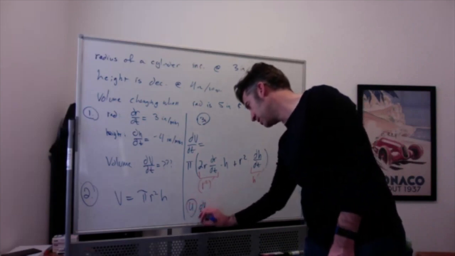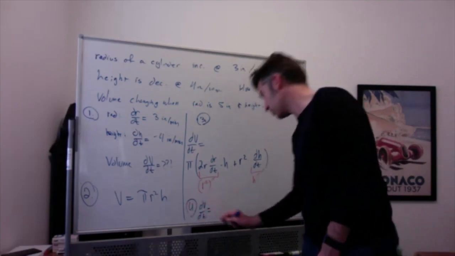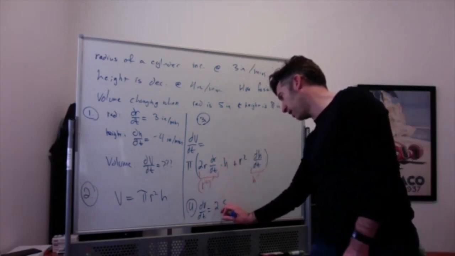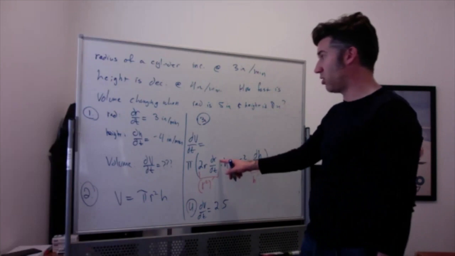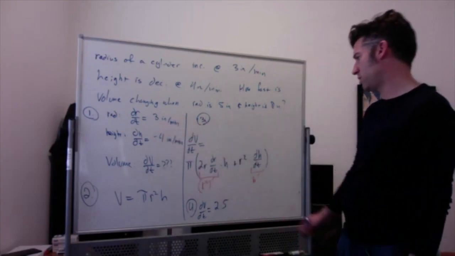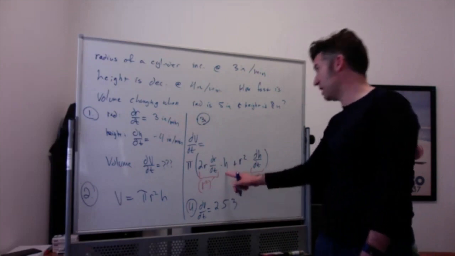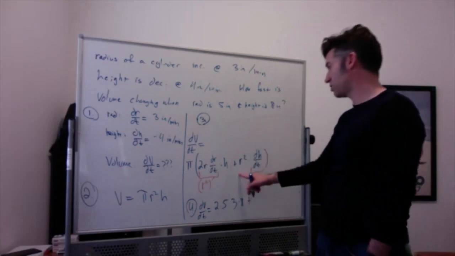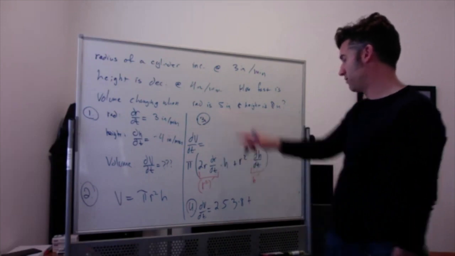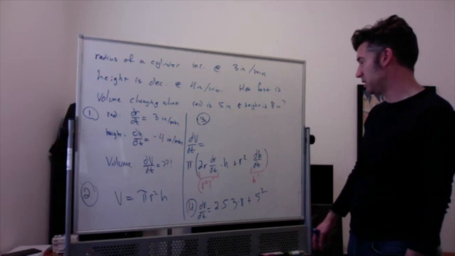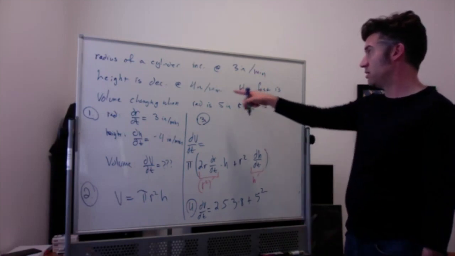So dV dt is equal to, r is 5 inches, so I'm going to get 2 times 5 inches times dr dt, which is 3 inches per minute, times h, which is 8, plus r squared, which is again 5 squared, times dh dt, which is negative 4.